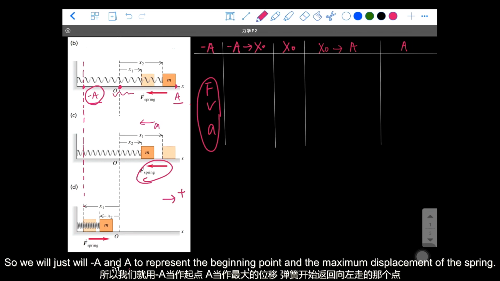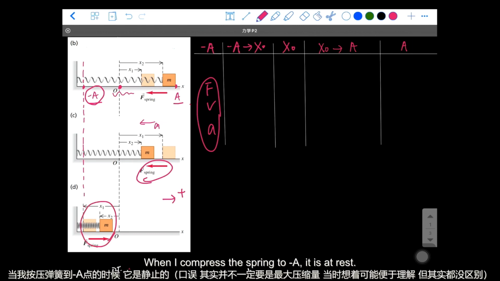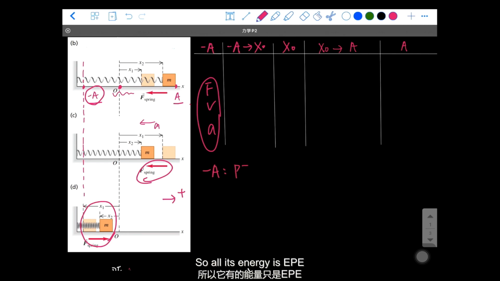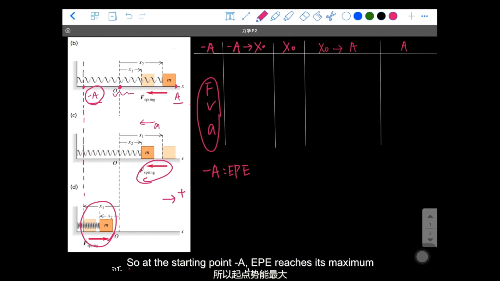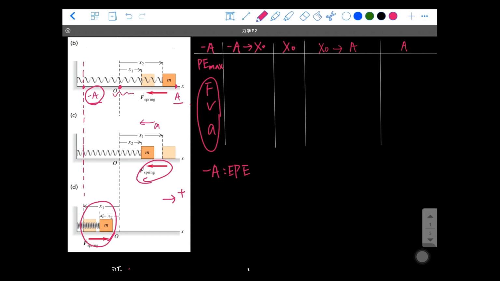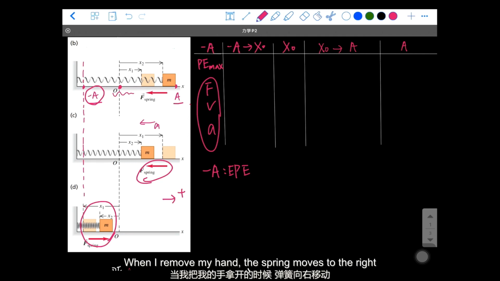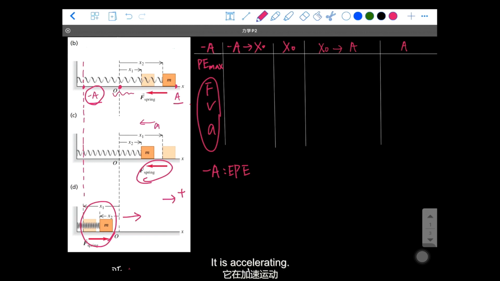When I compress the spring to the maximum extent at minus A, it is at rest, so all its energy is actually elastic potential energy. At this point, PE reaches its maximum. When I release my hand, it begins to move in this direction, so it is accelerating.